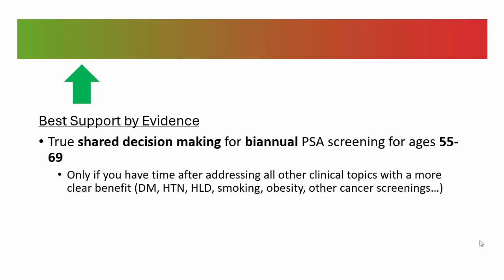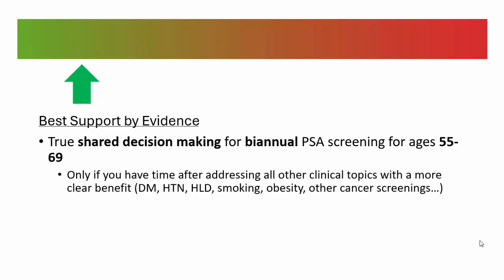So over here in the green, the best supported evidence would be doing true shared decision making for biannual PSA screening for men between the ages of 55 and 69. But I will add the caveat that I would only recommend doing this if you have time after addressing all other clinical topics with more clear benefit.